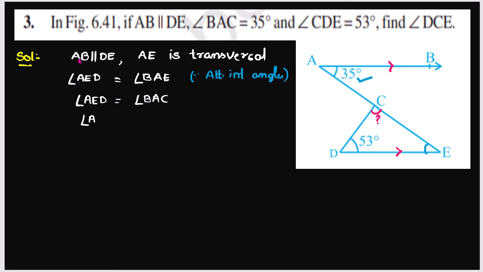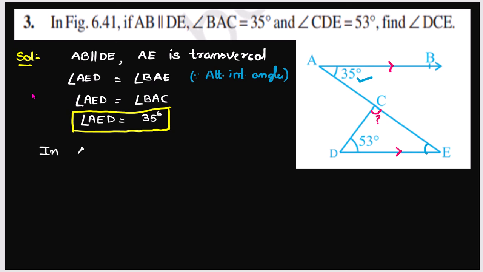Angle AED equals BAC, here we will have 35 degrees. So 35, right. This should be highlighted. Why are we finding angle AED? To find angle DCE.